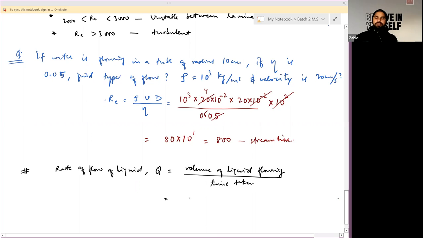We can write volume as area times length divided by time taken. Length per unit time is nothing but velocity. So it will be A times V.